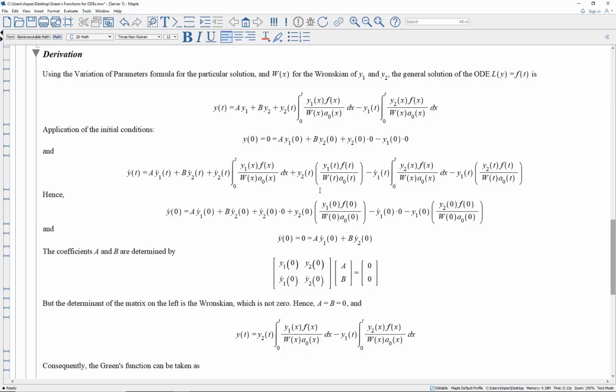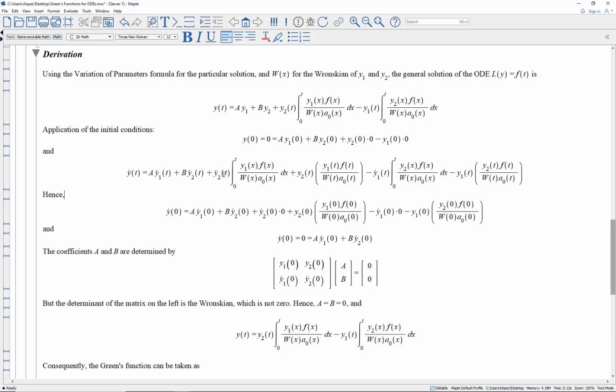Now, if you look carefully, y1 and y2 are both functions of t at this point. This term is positive, this term is negative. They cancel out. So you have this term, a y1 dot evaluated at 0, b y2 dot evaluated at 0.